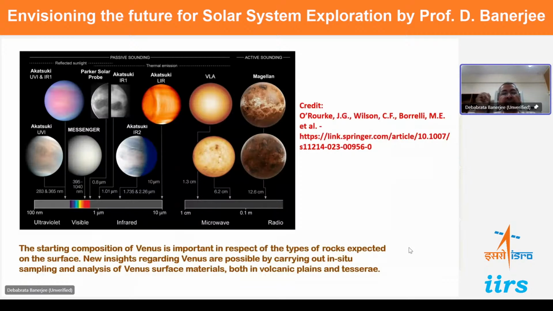And new insights regarding Venus are possible by carrying out in situ sampling, but it's extremely difficult because of the temperature and the pressure that the lander has to survive before landing on the Venusian surface. But you have had Venera, which the USSR successfully landed, and then took some pictures as well. And from that, we know about these plains and the tessera.